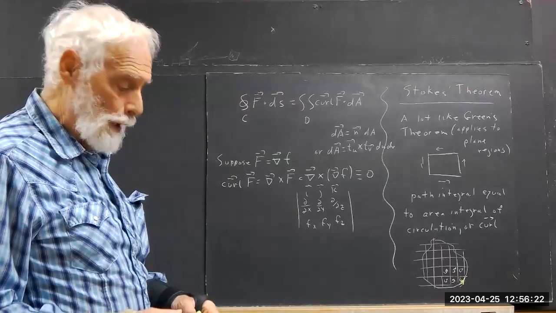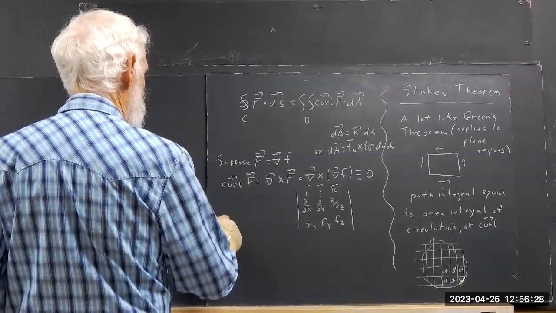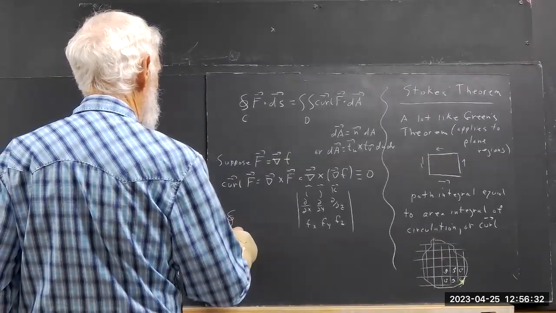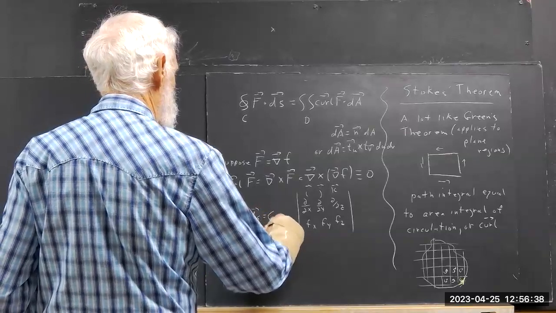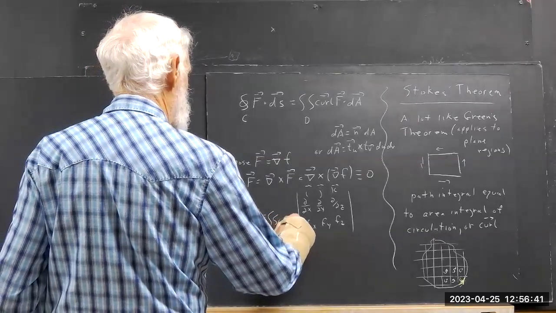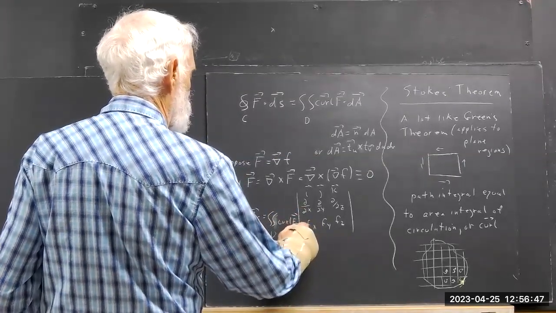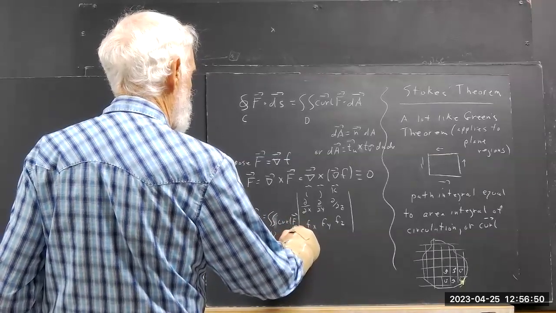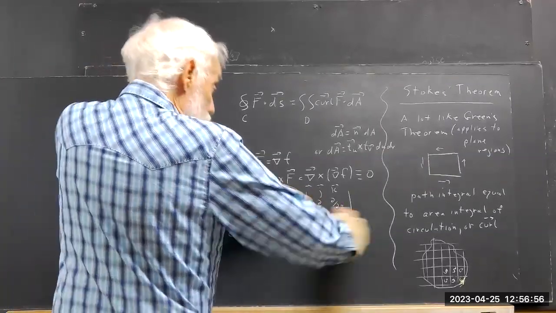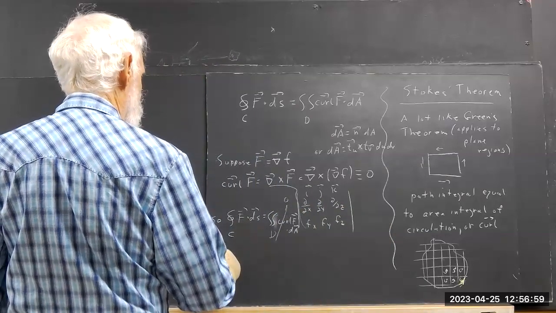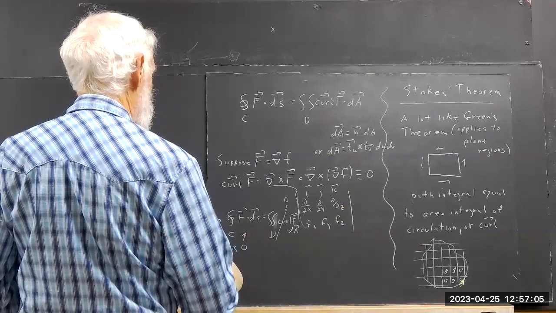So there's a roundabout proof through Stokes' theorem. Since the curl is zero, because of this, this integral is zero.